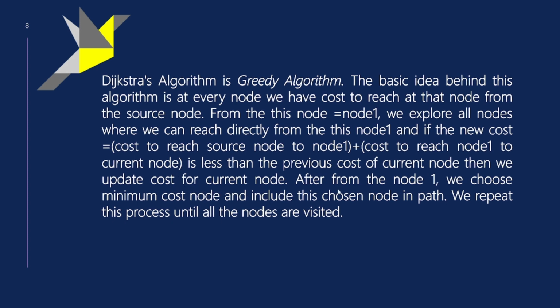After that, from node 1, we choose the minimum cost node and include this chosen node in a path. We repeat this process until all nodes are visited.